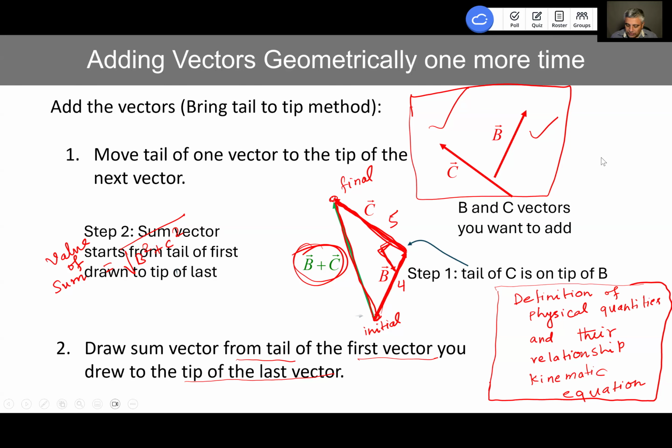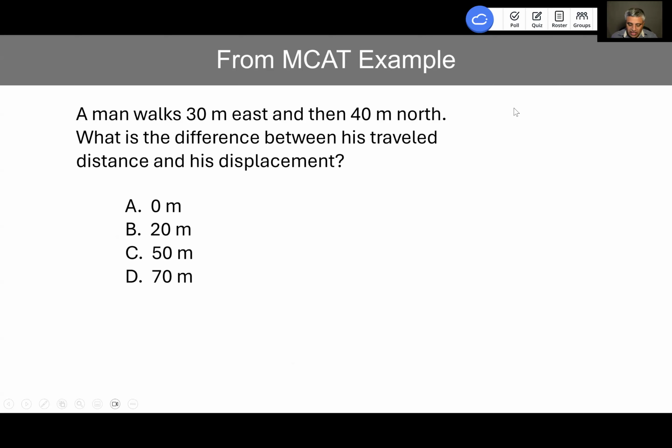So now what I'm doing is I have this question. This question was asked in the MCAT. So it talks about walking 30 meters east, 40 meters north. So these are the position vectors, right? So if these are two vectors, you can draw them by following the rule and then find the displacement vector.